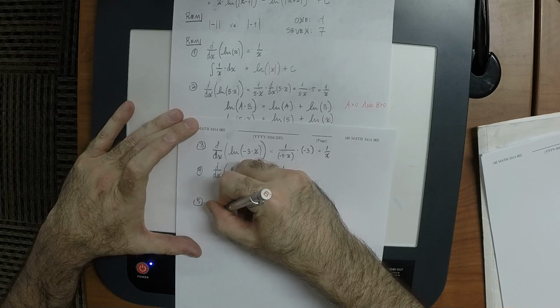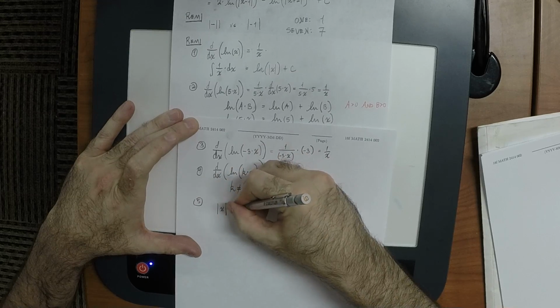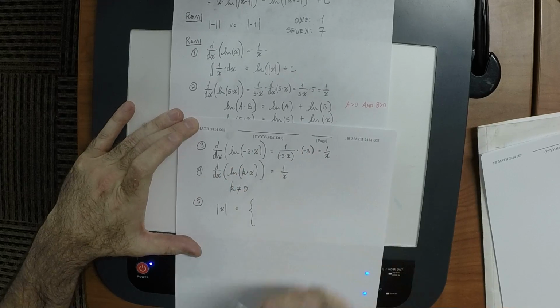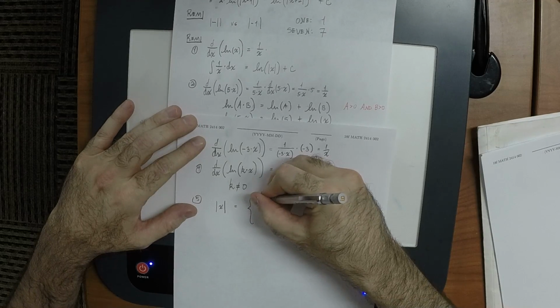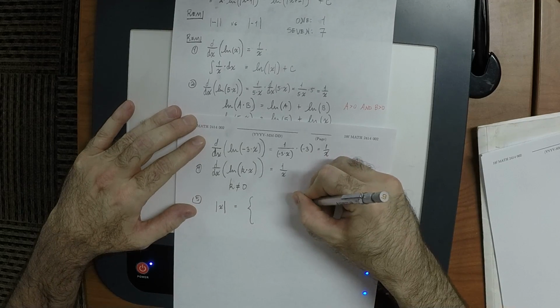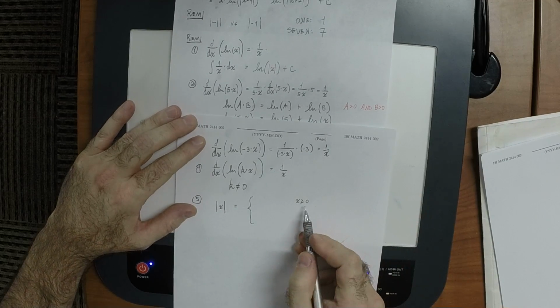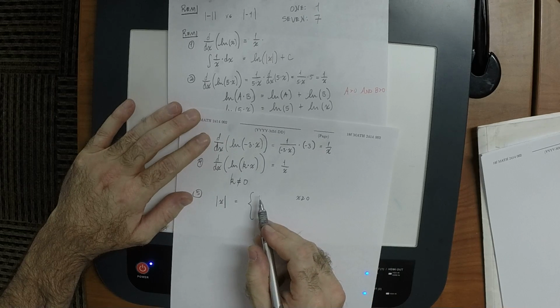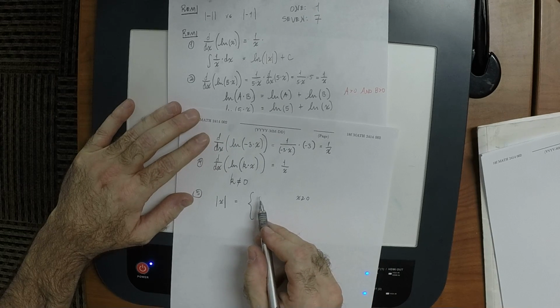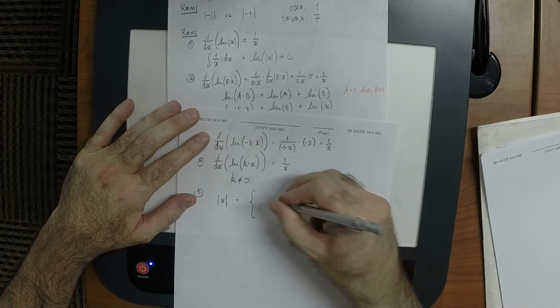Then, because that is the case, please remember that the definition of the absolute value of x says that, in the first place, if x is greater than or equal to 0, then what's the absolute value of x? X. Just x itself, right?